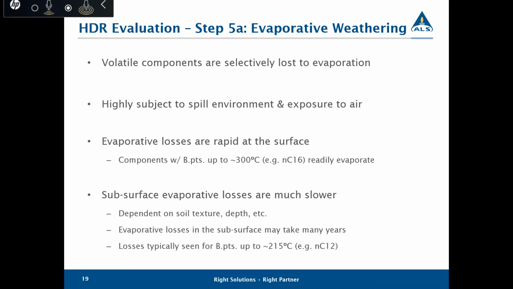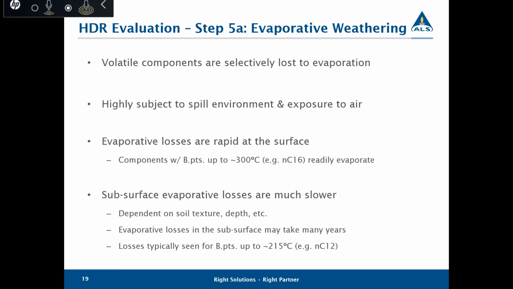We may talk here about differences of days versus months and years, depending on how much the sample was exposed to the air. Evaporative losses are rapid at the surface. Components with boiling points up to C16 will evaporate quite fast, usually those up to 300 degrees Celsius boiling point.